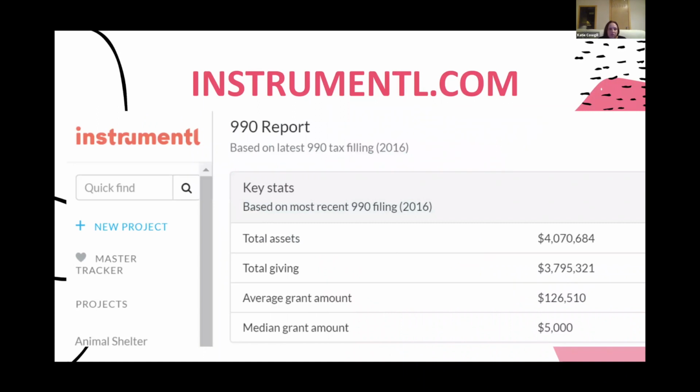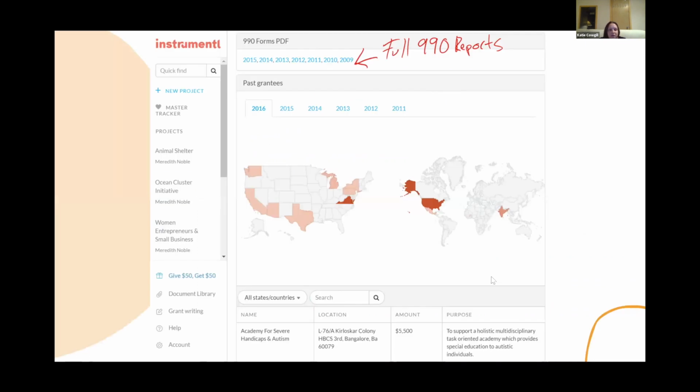This is what Instrumentl looks like, and this is one of those easy to read formats that shows you great go-to information for the foundation that you're looking at. The Instrumentl format can show you the number of grants per state, per country, per year, and you can pull full 990 reports back.